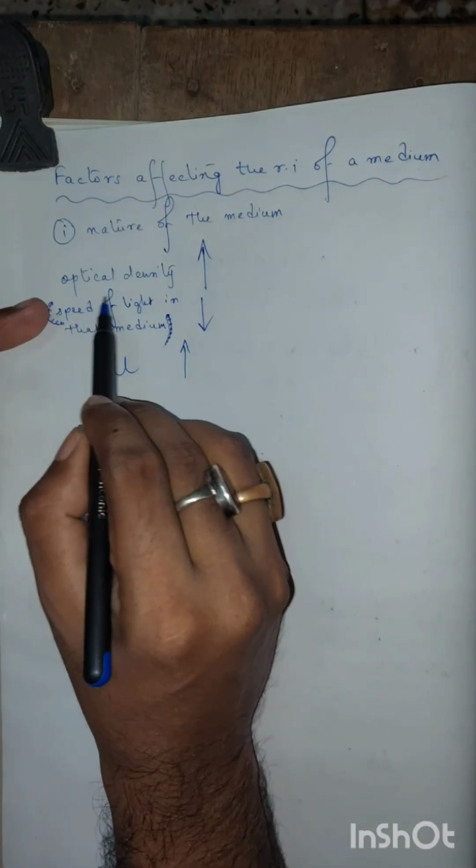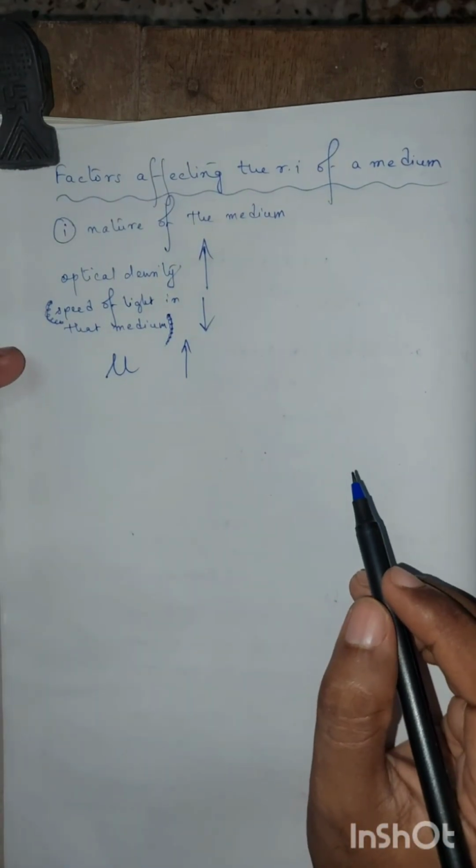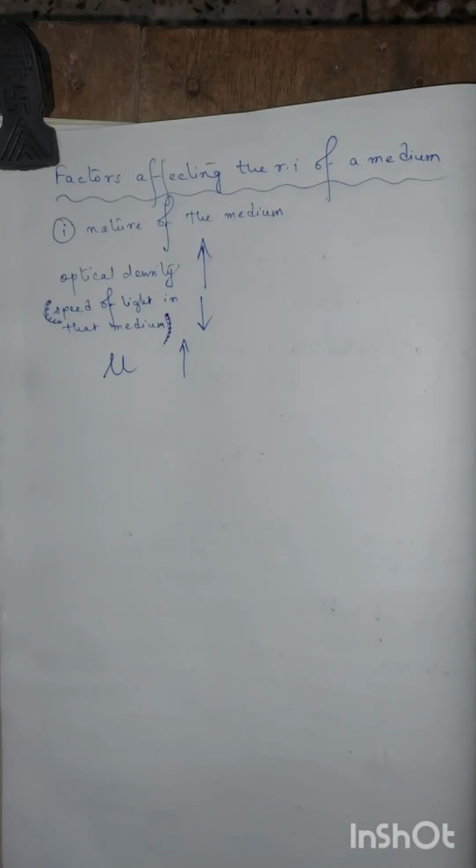So if the optical density of the medium increases, upward arrow, that means it is increasing. If the optical density increases, the speed of light in that medium decreases. Downward arrow means it is decreasing. When speed of light in that medium decreases, its refractive index increases.